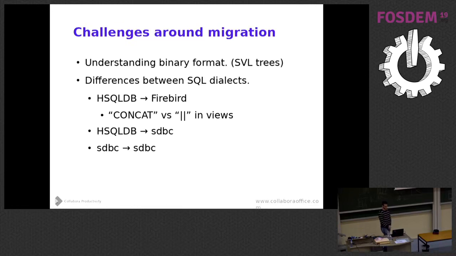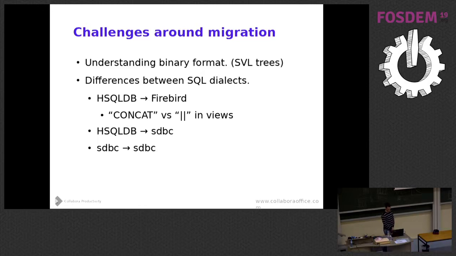For example, when we want to migrate HSQLDB to Firebird, HSQLDB has the concat function as a keyword for concatenating strings. On the other hand, Firebird has these two vertical lines to do that. And that's just one example. There are a lot of functions which are not in the standard.